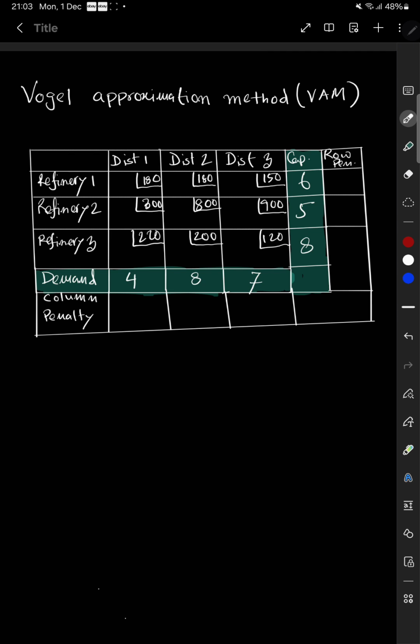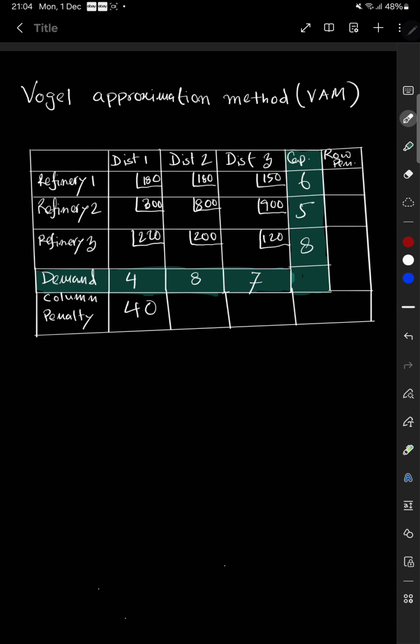So what we will do, we will get the value of 220 minus 180. Once again, we choose the lowest value in that column, which is 180 in this case, then the next value, which is 220. Then 220 minus 180 gives us 40.